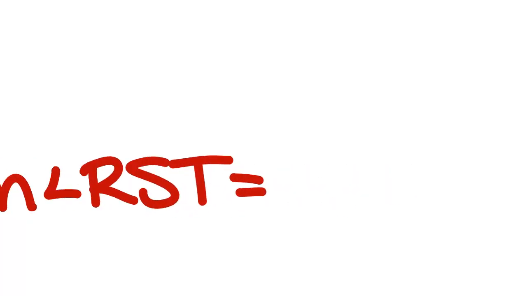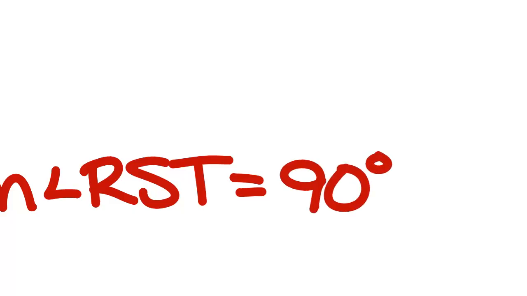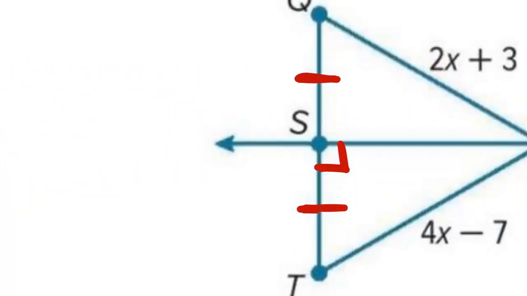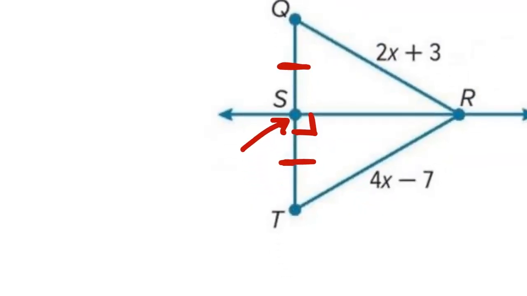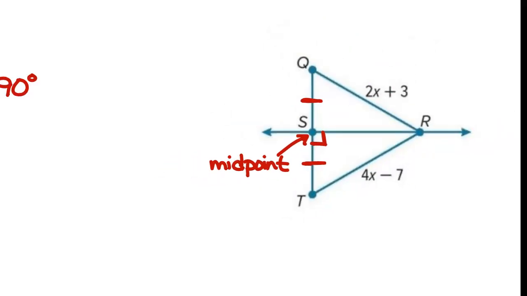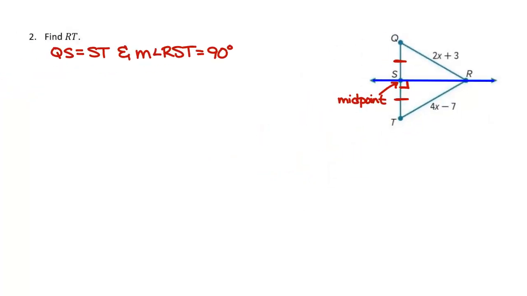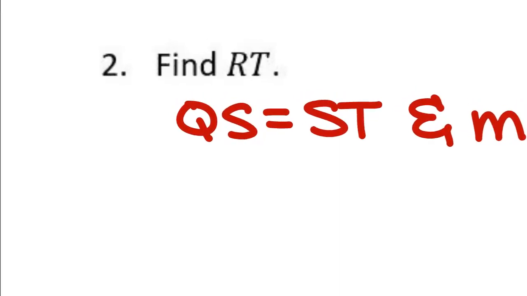Angle RST is 90 degrees. So that means that point S would be a what? That'd be a midpoint. And because SR is going through that midpoint and making a right angle with QT, that means that SR is the perpendicular bisector of QT.